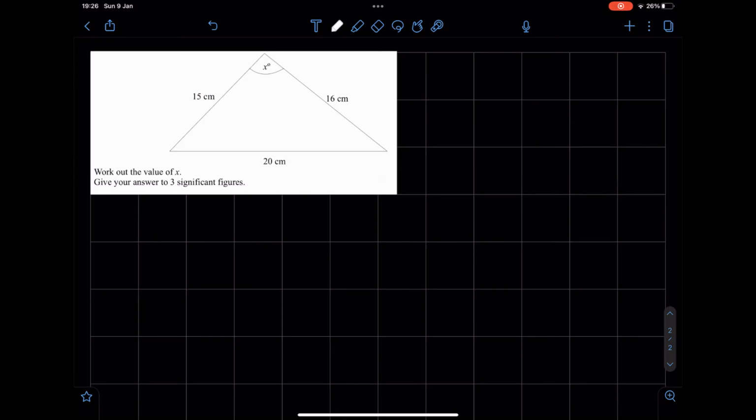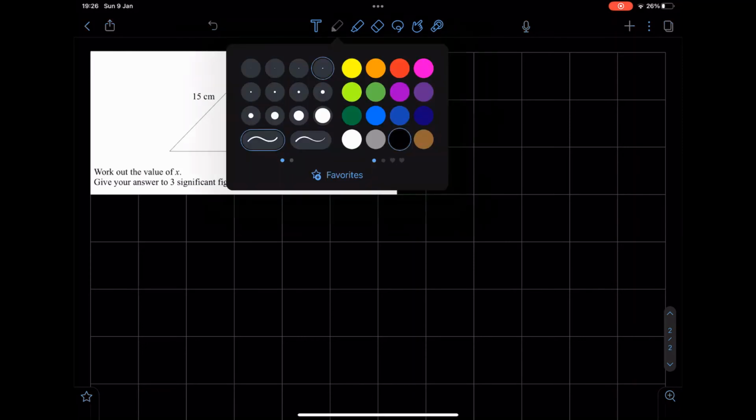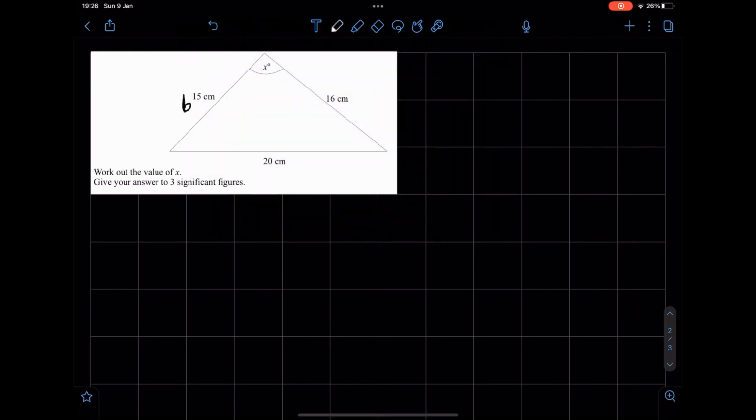So, first thing we're going to do is identify what bits of our formula are going to be used where. 15 centimetres and 16 centimetres are either side of the angle. So in our formula, that's going to be our b and our c. This side here is going to be our little a, because it's opposite the angle, which is called big A in the formula.